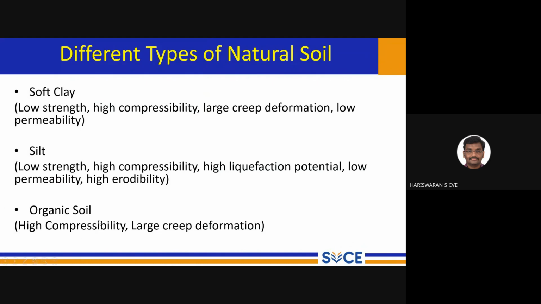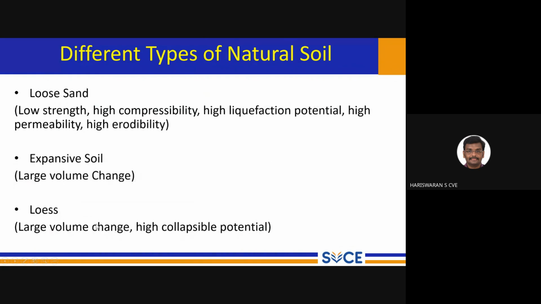Then an organic soil, with the presence of some organic content, it has high compressibility, low bearing capacity. Next is called a loose sand. A sand that is compacted in the right way, we can call it a closely articulated structure. The contact with the nearby particles is higher, we can call it dense. But in naturally available conditions, there may be loose sand.